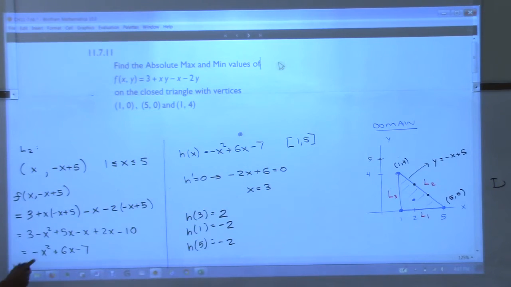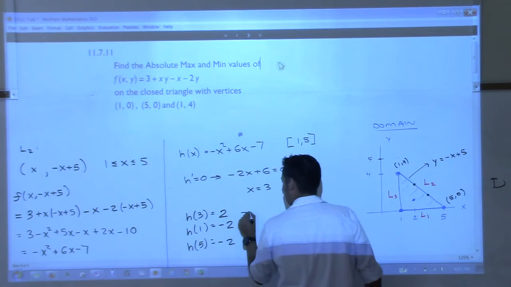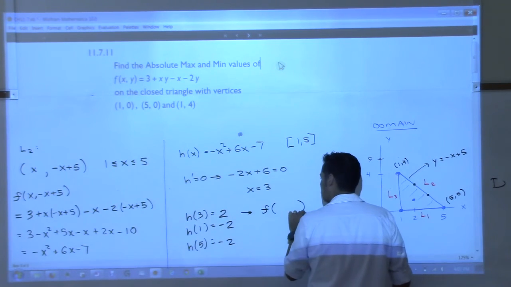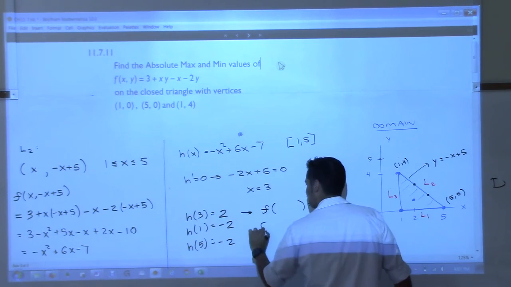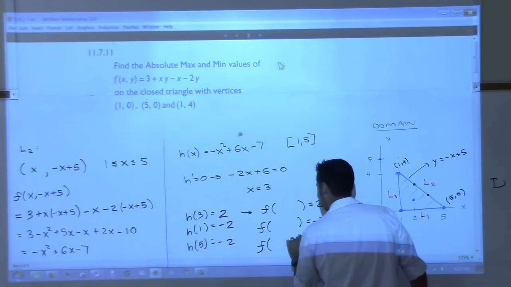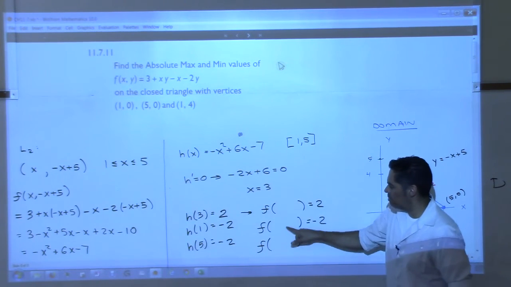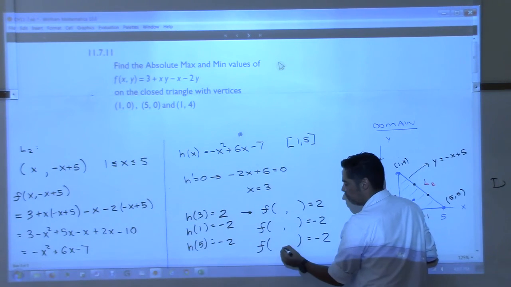Now, in terms of our function, here's what these correspond to. This is f of something something equals 2. This is f of something something equals negative 2. And f of something something equals negative 2. That's what these three are. Now, what are these ordered pairs here?